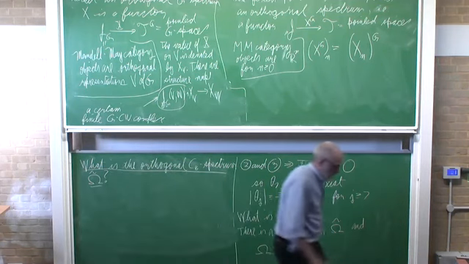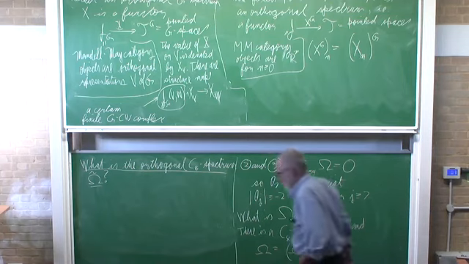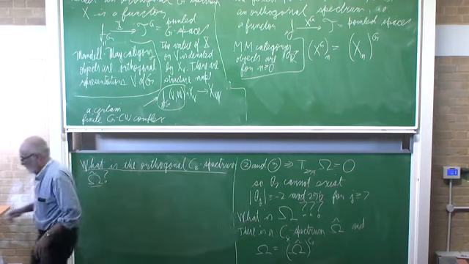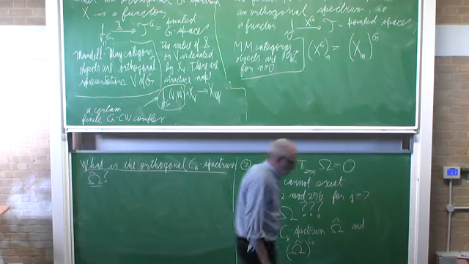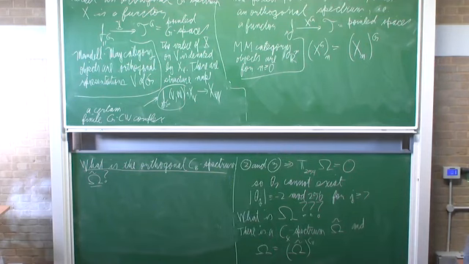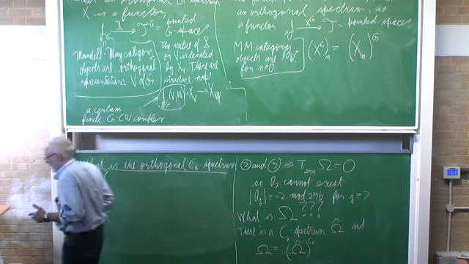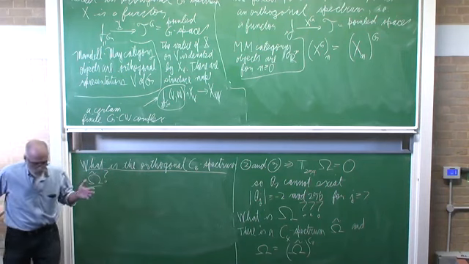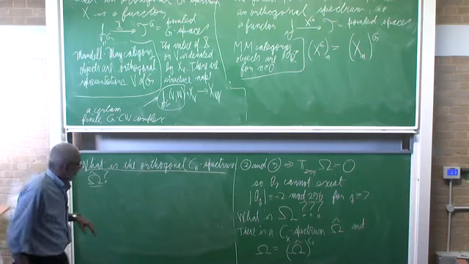So I'm going to start with a C2 spectrum, which I hope is somewhat familiar. Then I'm going to describe a construction that enables you to take a C2 spectrum and do something to it and get a C8 spectrum. And then I'm going to take the C8 spectrum that I get and do something else to it in order to get Omega tilde.